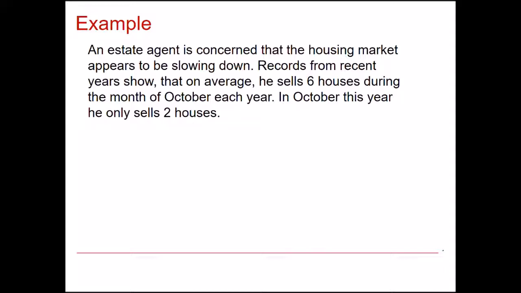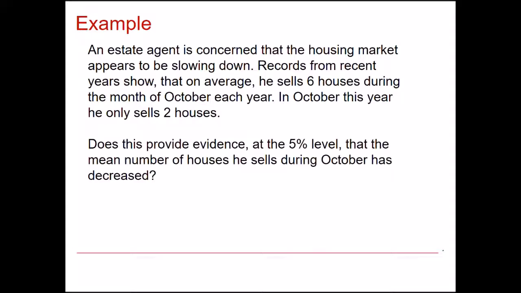An estate agent is concerned that the housing market appears to be slowing down. Records from recent years show that on average he sells 6 houses during the month of October, and this year, in October, he's only sold 2 houses. We want to know if this provides evidence at the 5% level that the mean number of houses has decreased.